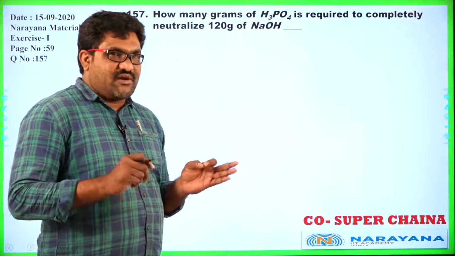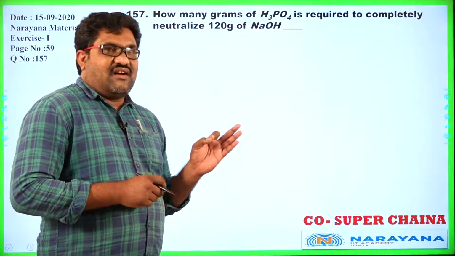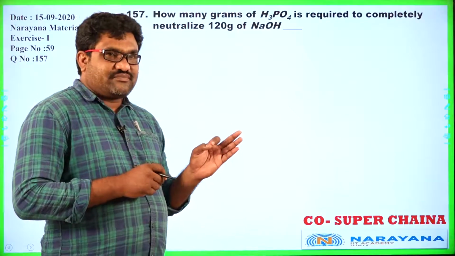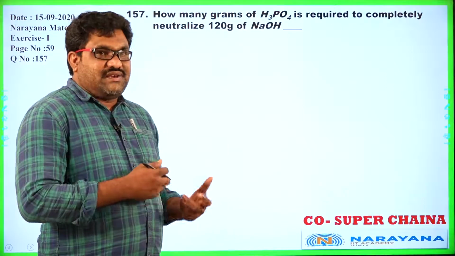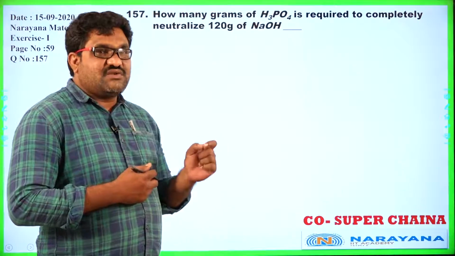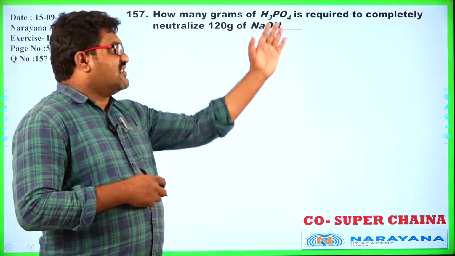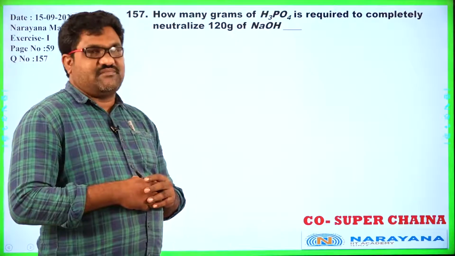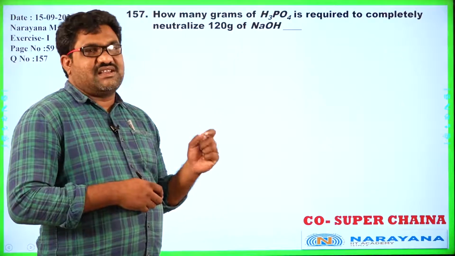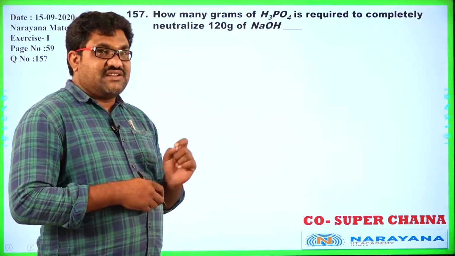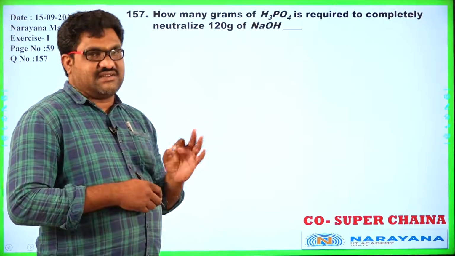For doing problems based on the stoichiometric relations, the problems related to chemical equations, we need to write a chemical equation based on the given data. After writing that chemical equation, we need to balance it, that is mandatory.